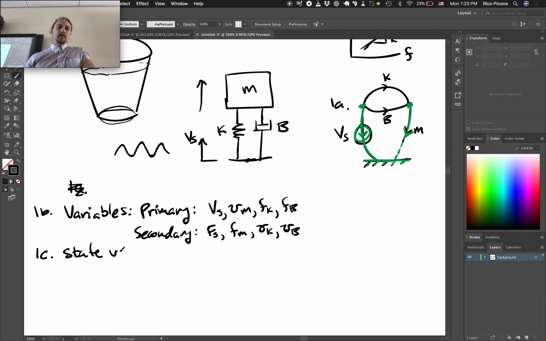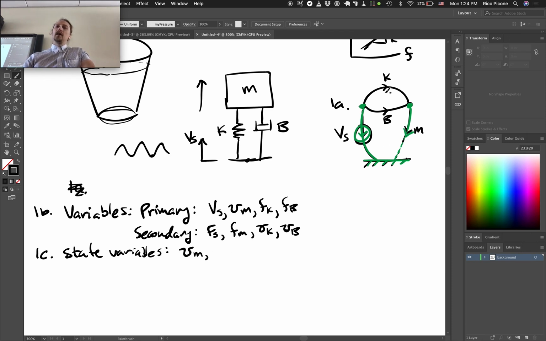Across variables on A-type branches, through variables on T-type links. So we have an A-type branch right here. M is an A-type energy storage element. It is a branch in the normal tree, and therefore its across variable is a state variable. So VM.